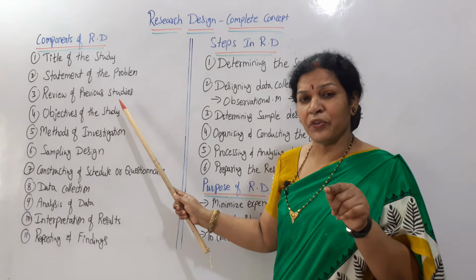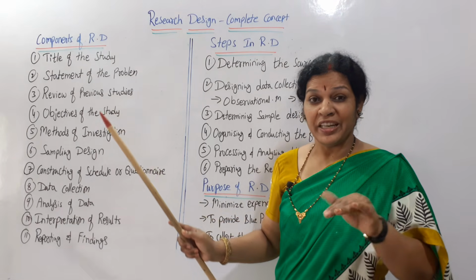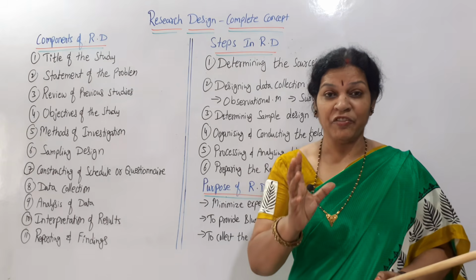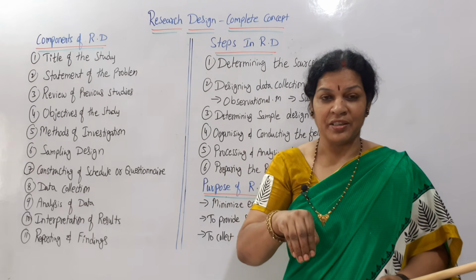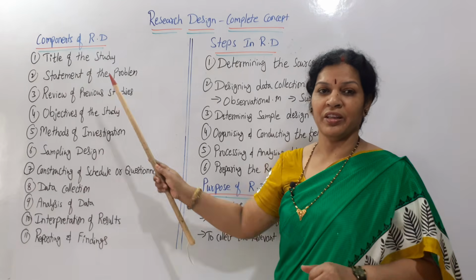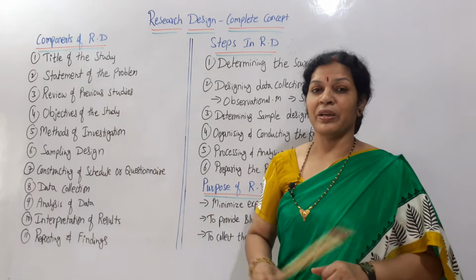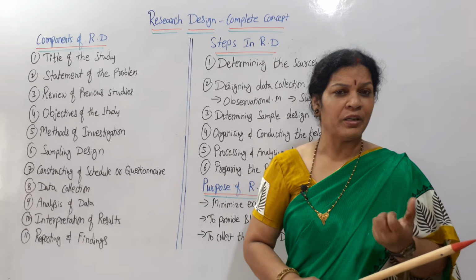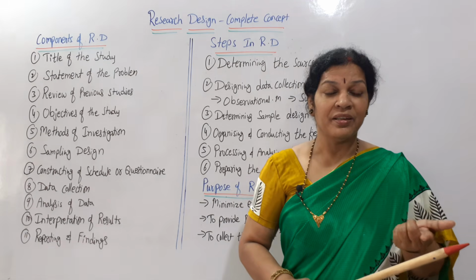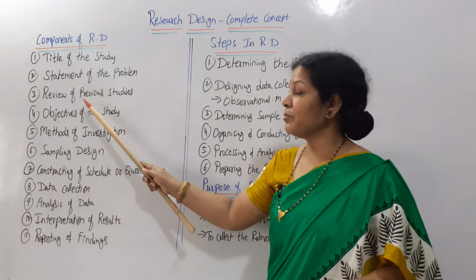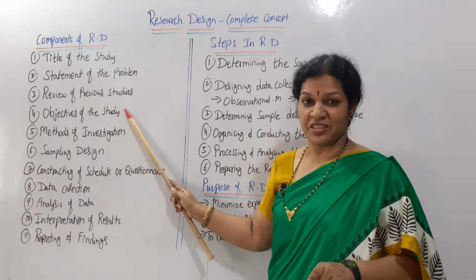If you go for a review of literature, it will give you an idea, it will give you some information related to your study. So that would definitely be helpful for your work. That is why you have to go for the review of literature. Where we have to do this review of literature, what information we have to get, how we can gather it, how it can be made useful, all these things we have to consider in the research design.